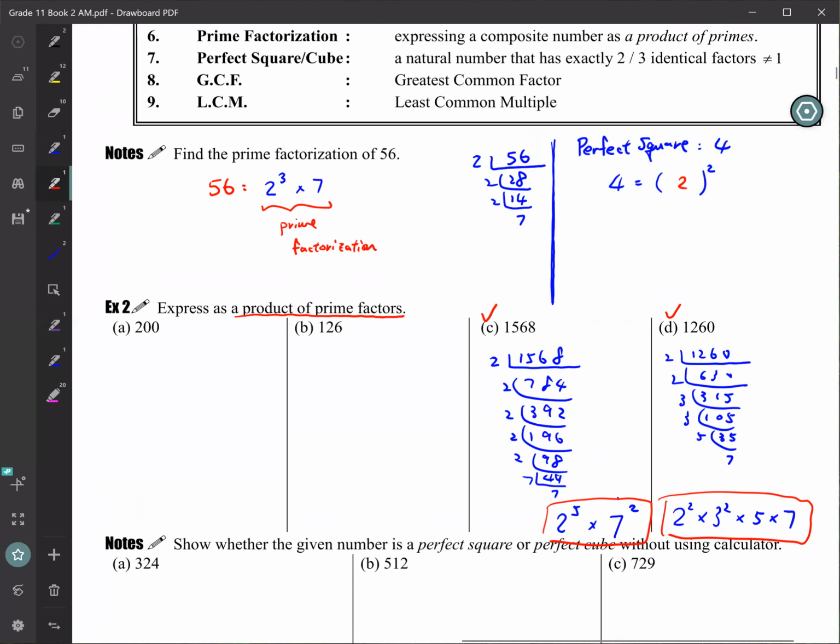Can you give us a bigger one that's a perfect square, Brennan? 169. Okay, 169. Because 169 can become what? 13 squared. Yeah, 13 times 13, right? 13 squared. So as long as I can write it as something squared, then you know it will be a perfect square. Okay, so by breaking it down into primes, then we can see if it's possible to make it into something squared. Okay, so that's for checking perfect square.